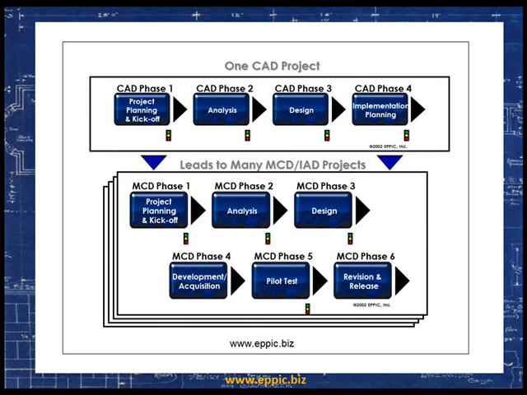The 4th phase of a curriculum architecture design project, implementation planning, prioritizes and prices out the cost for going forward in implementing the gaps of the curriculum architecture design. That then leads to many MCD and IAD efforts, which again are the new product development or ADDIE-like levels of the PAC processes.